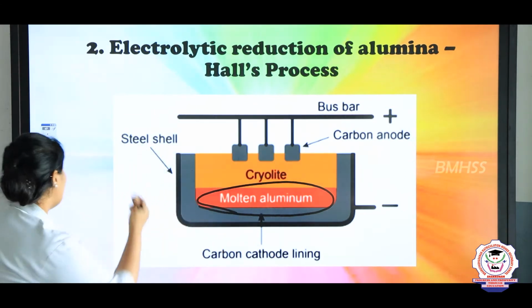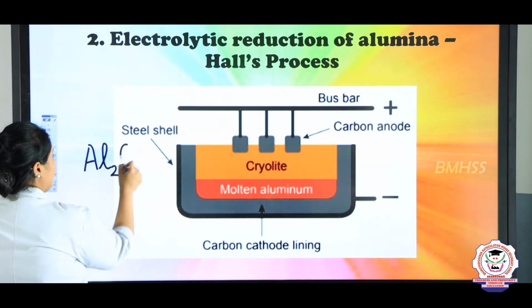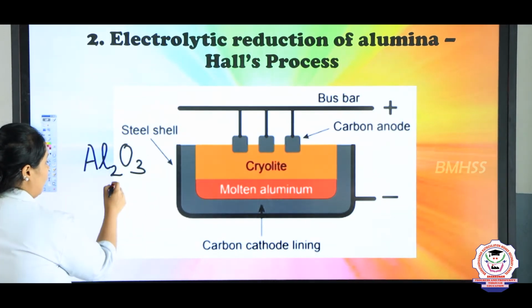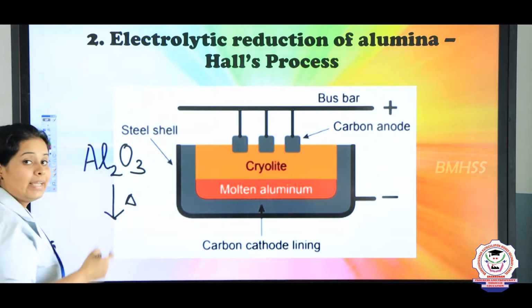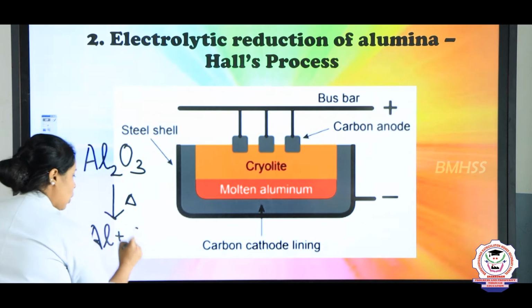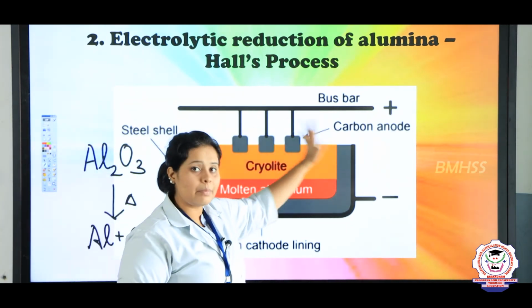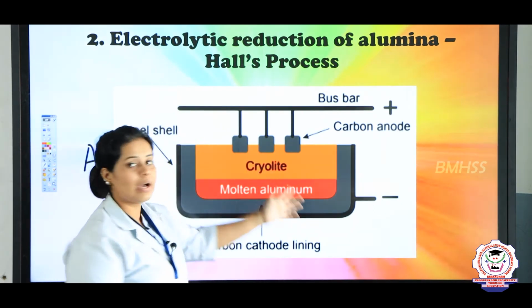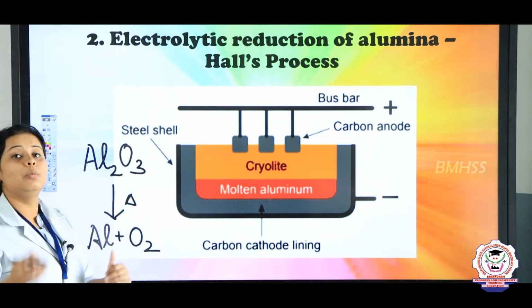The reaction goes as Al2O3, that is alumina, when heated at a very high temperature with electricity, gives aluminium, that is Al, plus O2. The O2 is the oxygen which combines with the carbon and goes off as carbon dioxide gas. So this way we got aluminium.